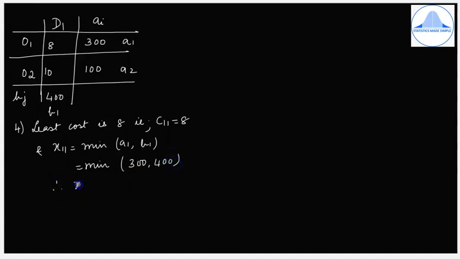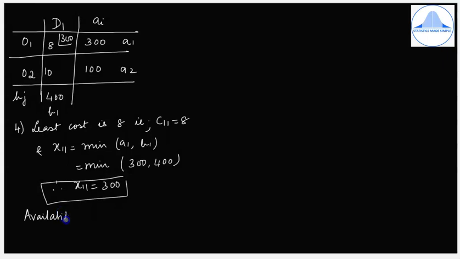So therefore you have X11 is equal to 300. So write 300 in this cell, and you see that 300 matches with the availability at O1.